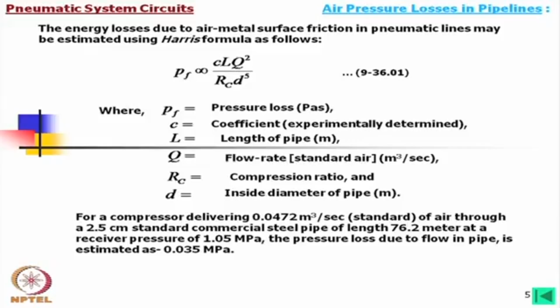But again the surface preparation of such pipes, even with the same material, may be different. So, there is some standard, say in case of India we call it Indian Standard.